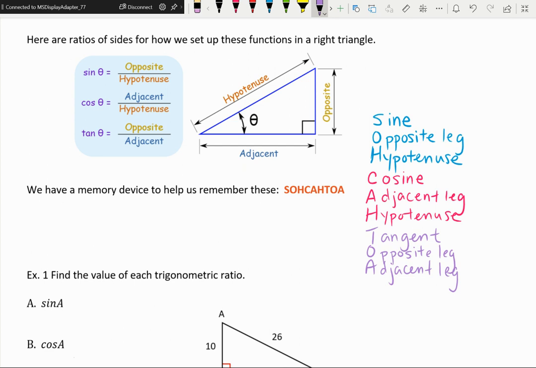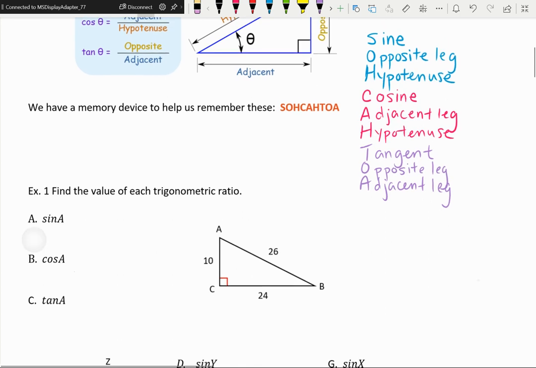A lot of times I'll write in different colors, but you totally don't have to. It's just helpful for me. SOHCAHTOA. All right, and we're going to take a look at our first example.